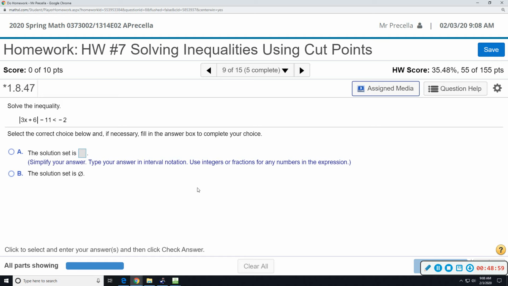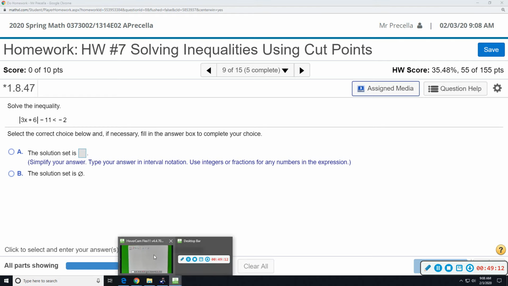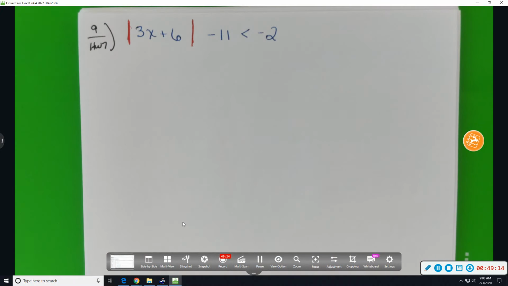I hope that doesn't look like 13x plus 61. Absolute value of 3x plus 6 minus 11 is less than negative 2.